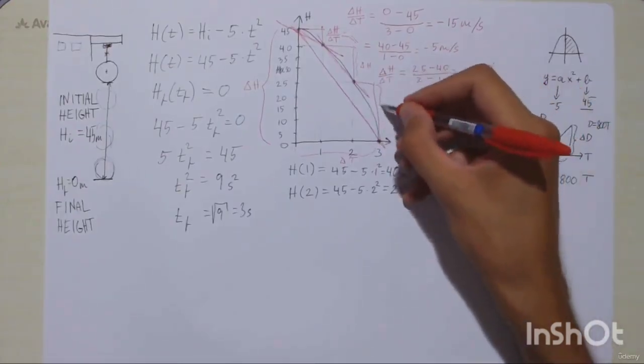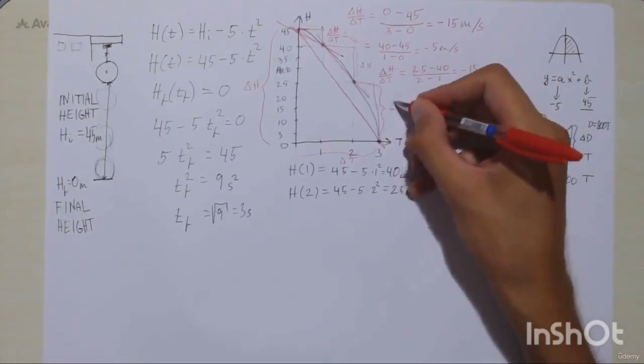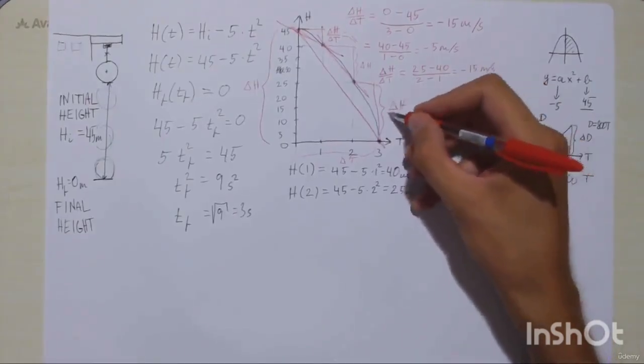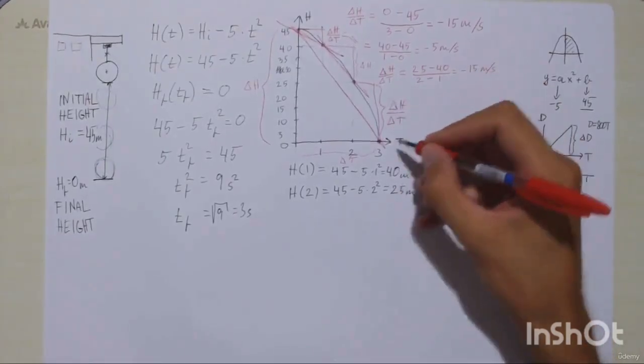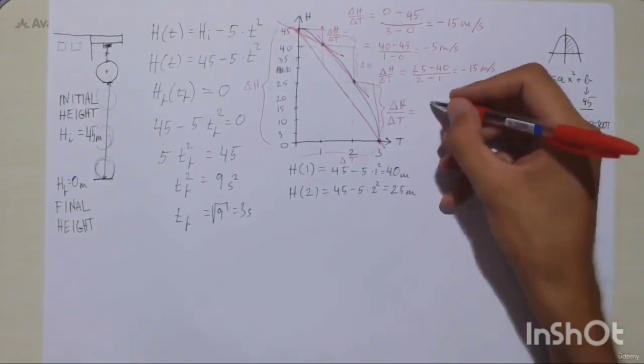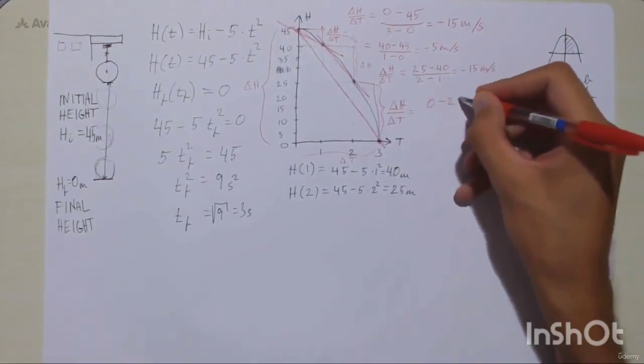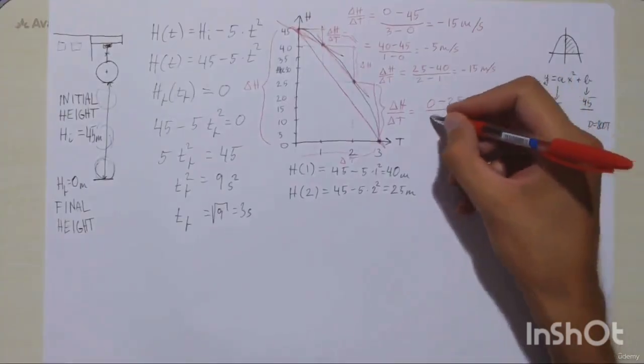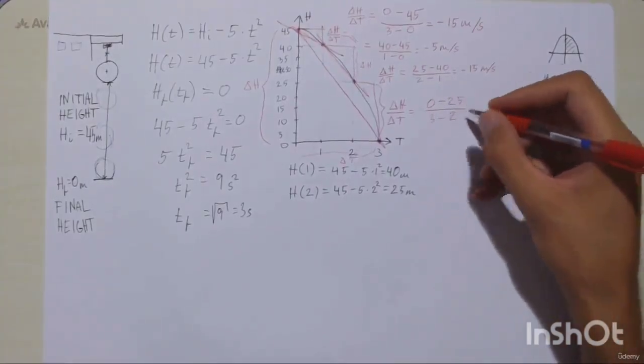And of course, I can take another interval, which is this one. And here I can also take the interval delta h and divide it by delta t. So now I'm taking the interval from 2 to 3. And it would be 0 minus 25 over 3 minus 2.